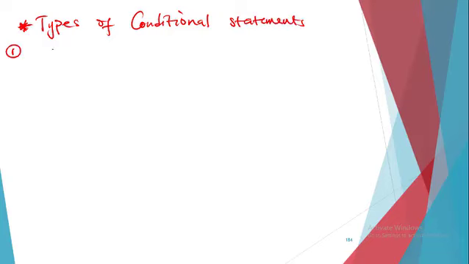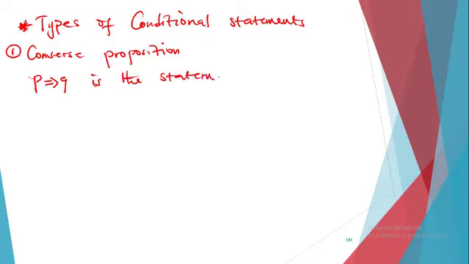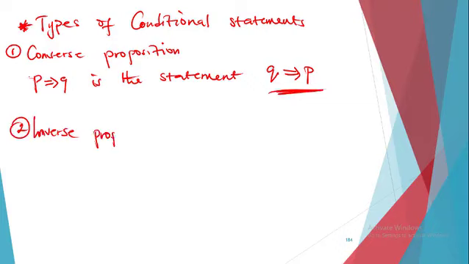We have the first one to be the converse proposition, and the converse proposition of P implying Q is the statement Q implies P. Then we have the second one to be the inverse proposition.